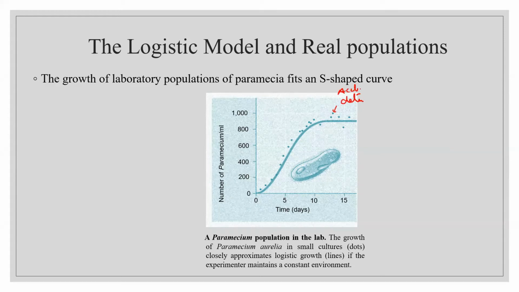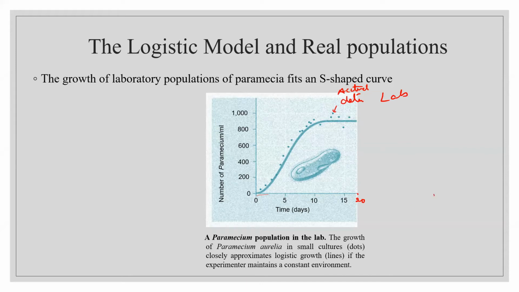This is actual data observed in the lab, and they used a logistic model to fit this growth. If I am on the 20th day, I take all these data, and I see that my logistic model is going right over it, fitting the data.